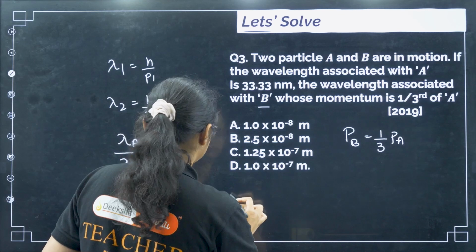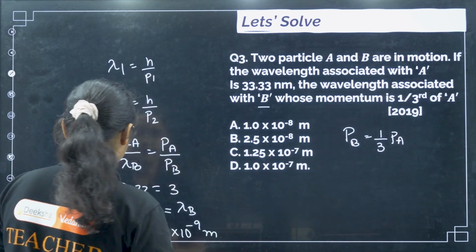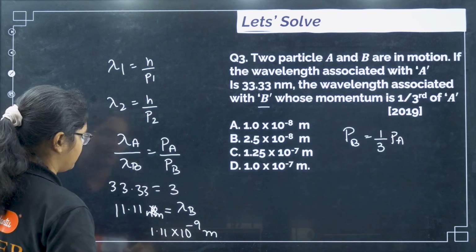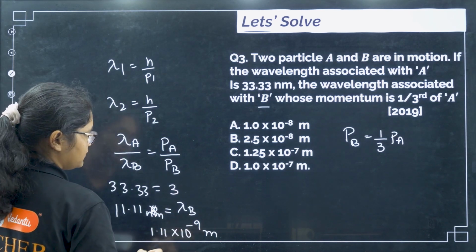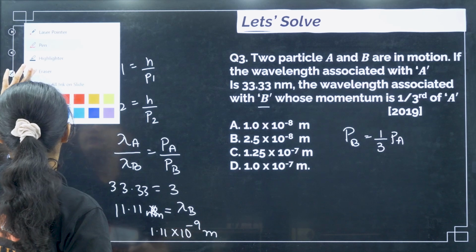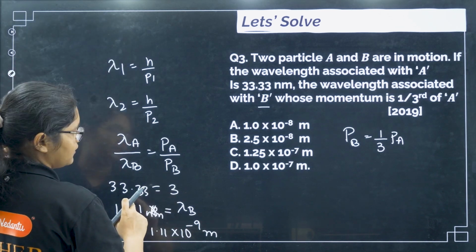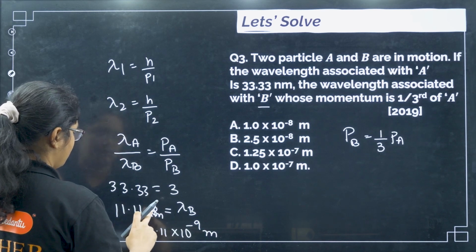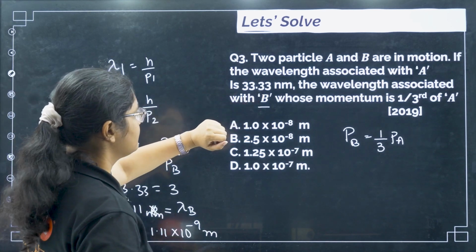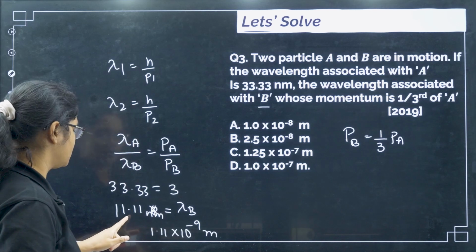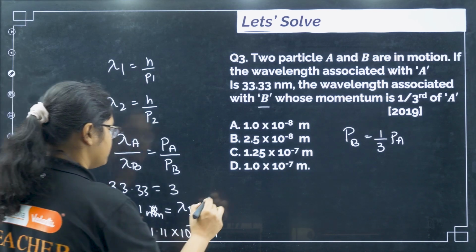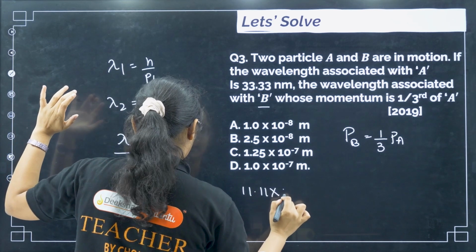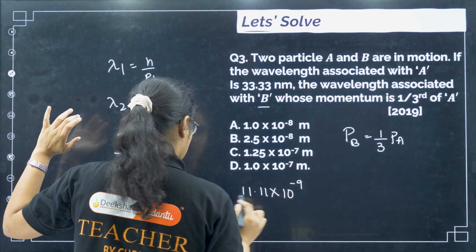Okay, just a minute. So 33.33 nanometer gives 11.11 into 10 to the power of minus 9 meter.